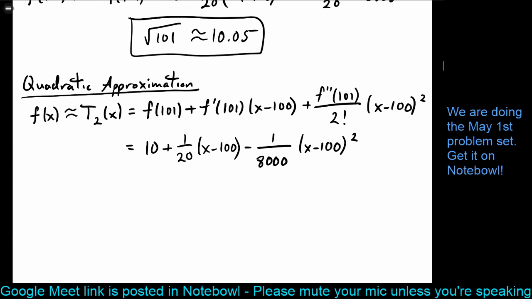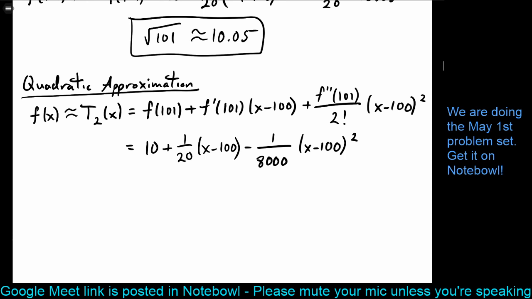And this is our quadratic approximation. Now again, this being centered at x equals 100 means that at x equals 100, of course, we get the exact value of f of x. And then as we move away from x equals 100, the approximation gets slightly worse as x goes further away. And eventually it becomes terrible, right?